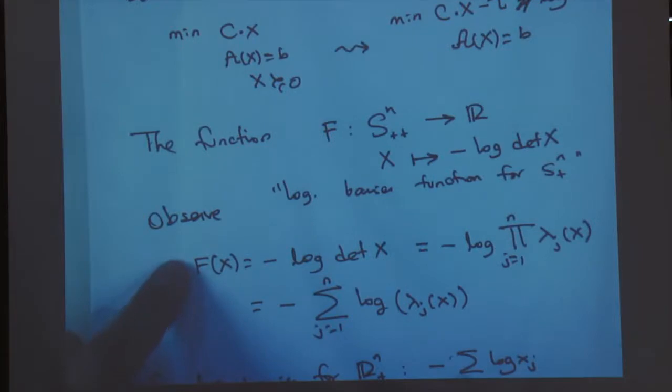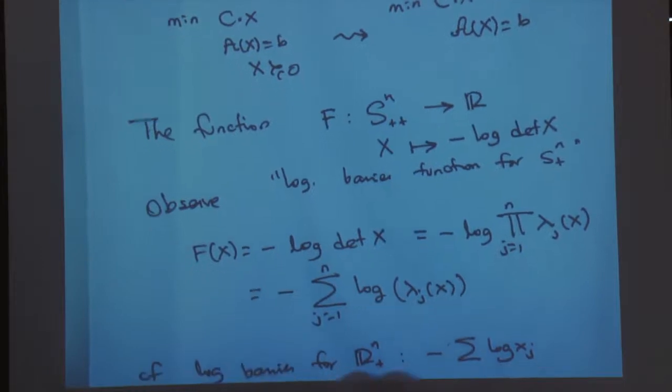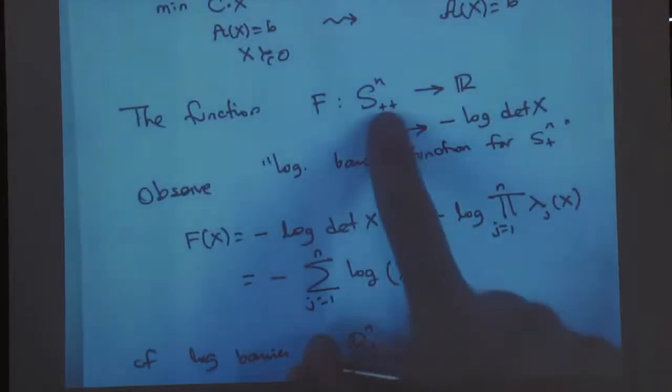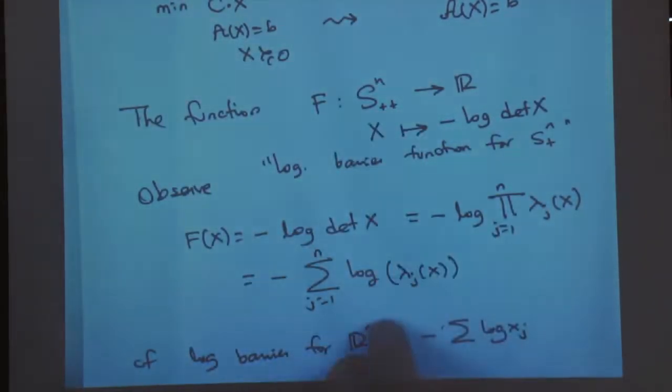So observe that what we do is, Rn plus is kind of extended to Sn plus, right? And then the same logarithmic barrier function kind of extends to this log barrier function for Sn plus.